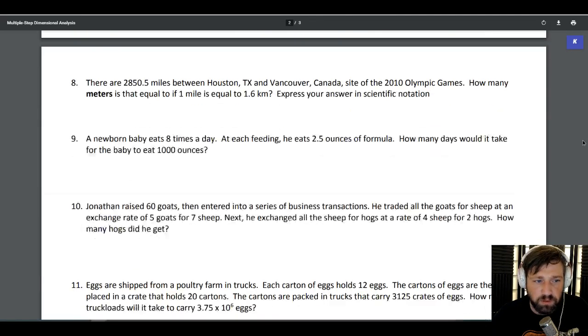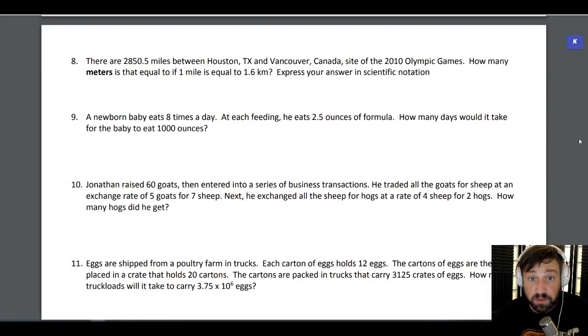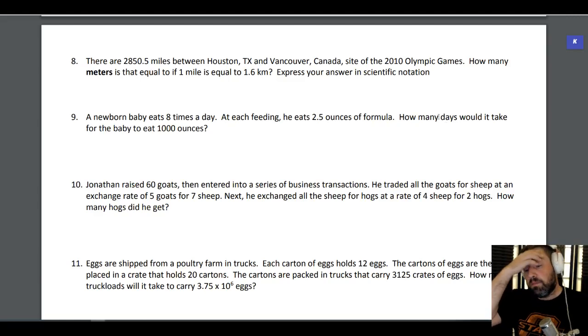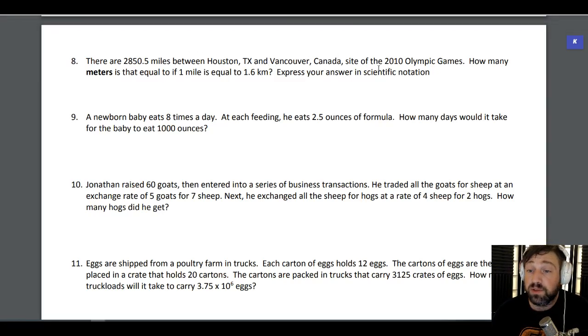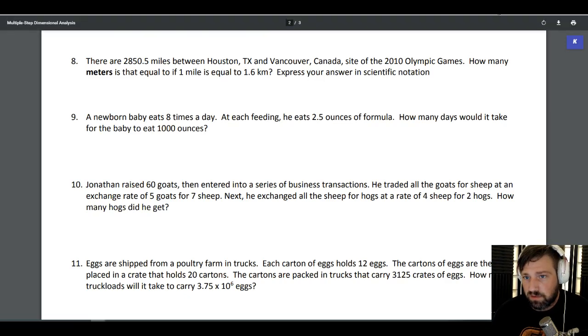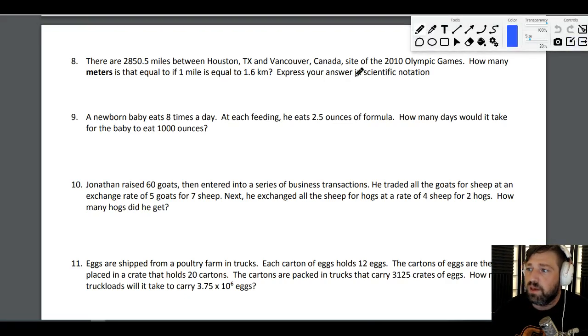Those are pretty straightforward, so I figured we'd do something a little bit more complicated. Part of the reason I like dimensional analysis is because it can take problems that don't have clear-cut variables in them. You have to go through and find the variables that you are going to be using, and also look for any type of conversions that they're giving you as well. So let's go through and do this.